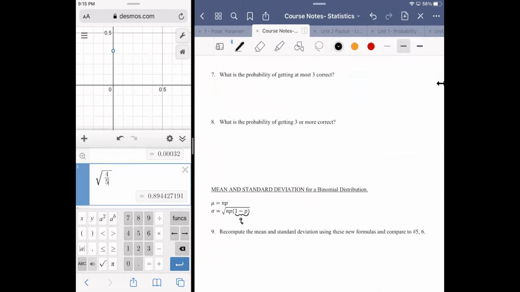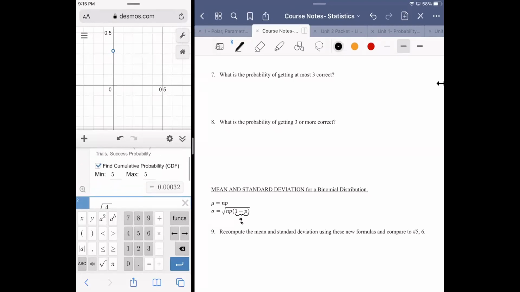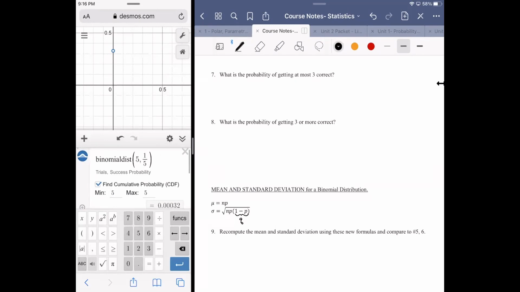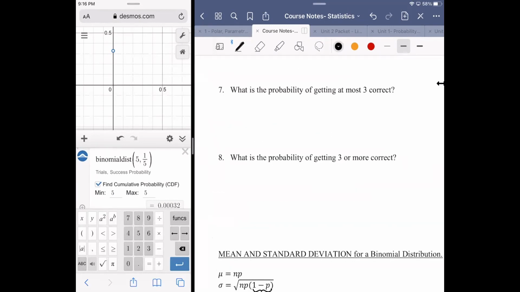Now 7 and 8 is saying what's the probability of getting at most 3 correct or 3 or more correct. There's no difference in the approach from what we did previously. At most 3 correct is the probability that x is less than or equal to 3. Right, so I would do my binomial distribution.